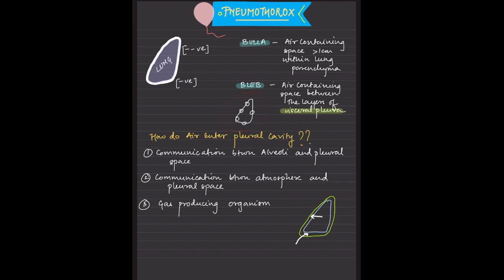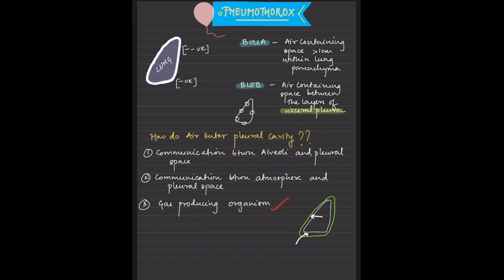And how does this air enter the pleural cavity? Pneumothorax is nothing but the air which is present in the pleural cavity. So how does it enter? This is through a communication between the alveoli and the pleural space, or a communication between the atmosphere and the pleural space, or it can be a gas producing organism.